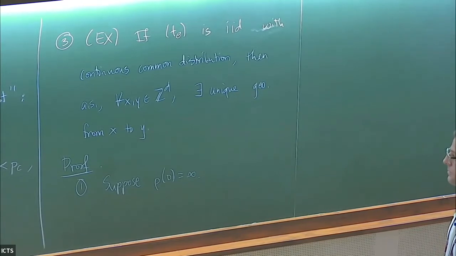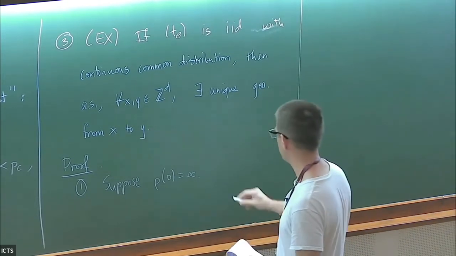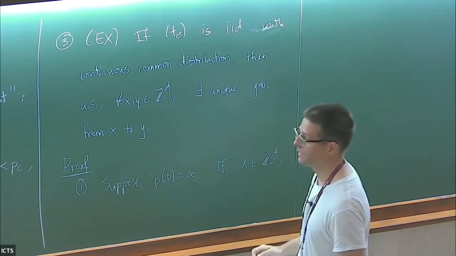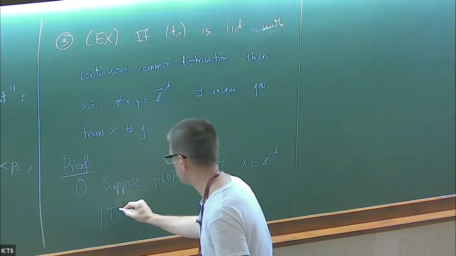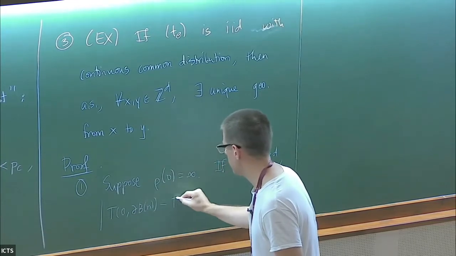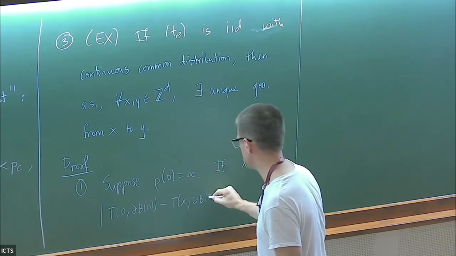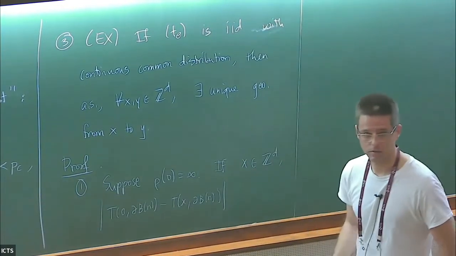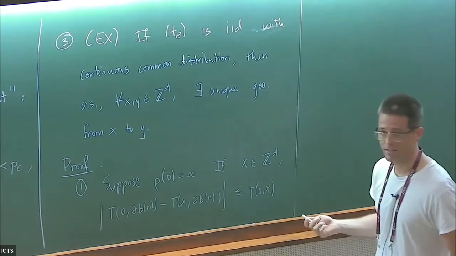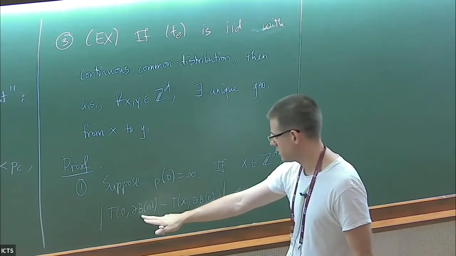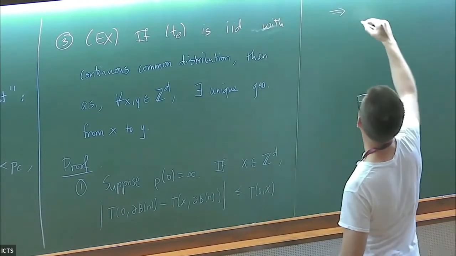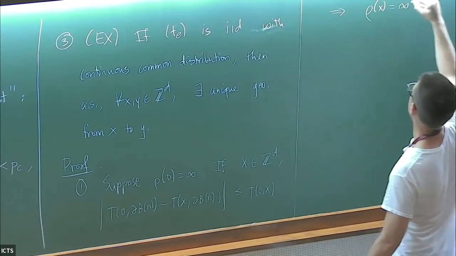The first thing is that we take any other vertex x in Z^d, and we look at the difference between the passage time from 0 to the boundary of the box of size n, and the passage time from x to the boundary of the box of size n. Just by triangle inequality, it's bounded above by t_0x, and that's some finite number. So if this term is going to infinity, then this term goes to infinity also. So this gives us that rho x is infinite for all x.